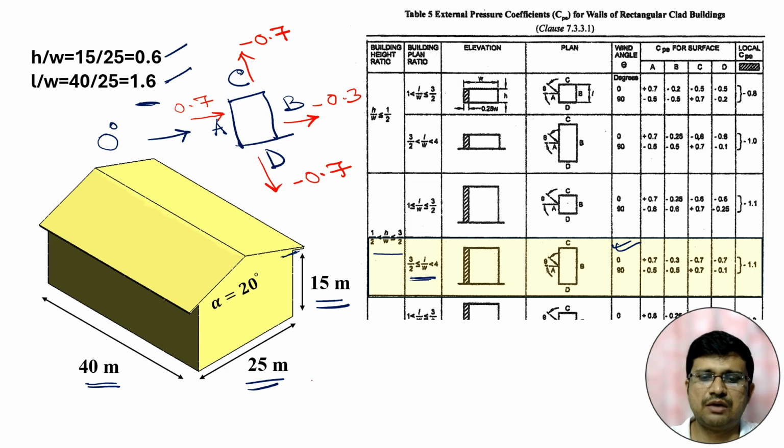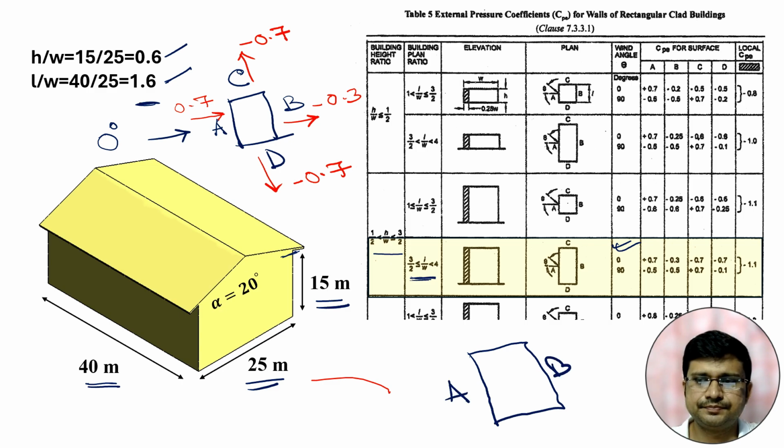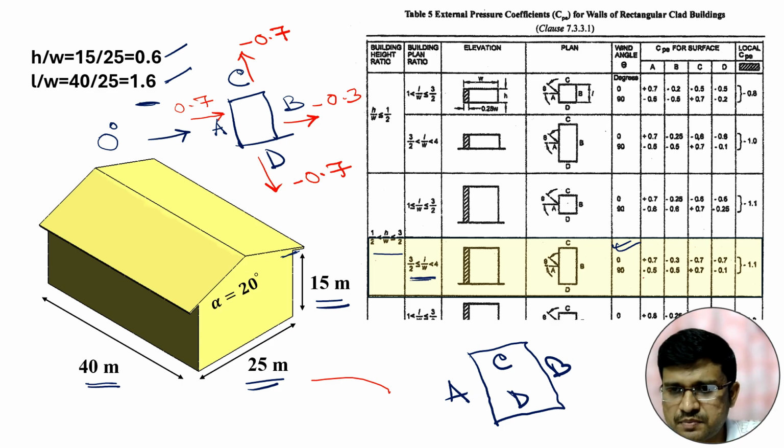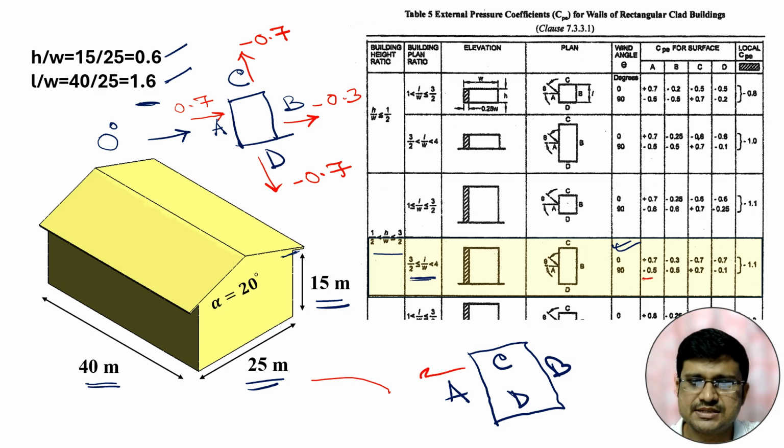Now if the wind angle is 90 degree, then again this is our building, A, B, C and D. For face A, the CP value will be minus 0.5. Minus means pull. For face B, it is again minus 0.5. For C, it is plus 0.7.